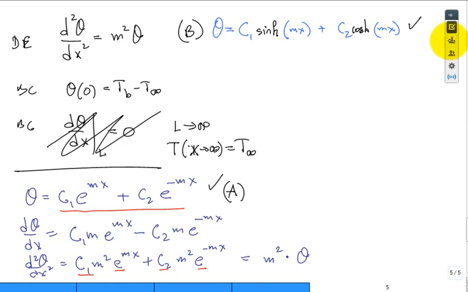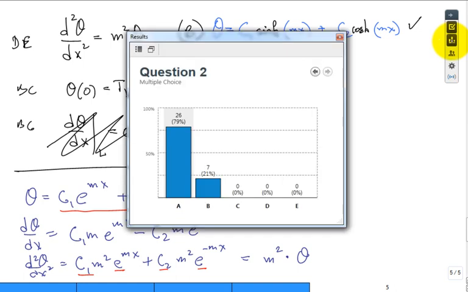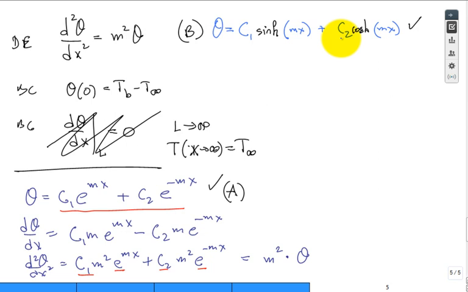We'll stop it, and we'll just show it really is, that's the better approach. This is great if you have the boundary condition that x goes off to infinity. But if you have a finite fin, this is the better form. Really, it sure is.